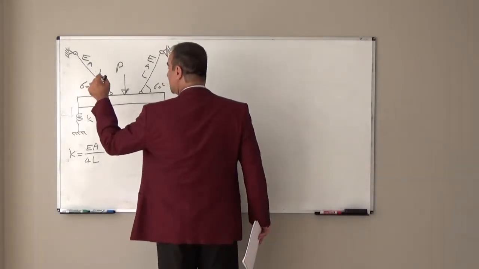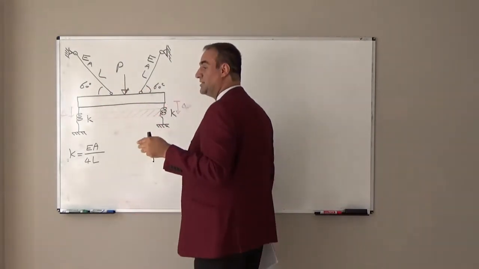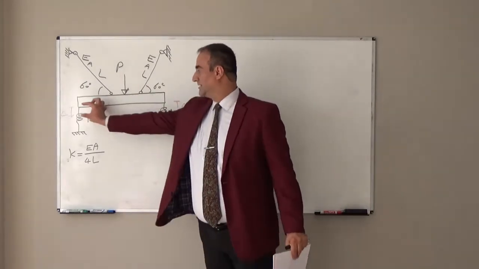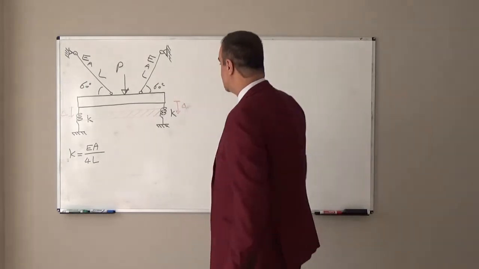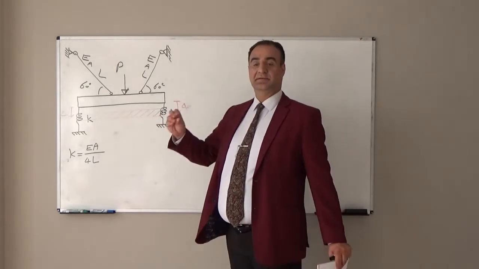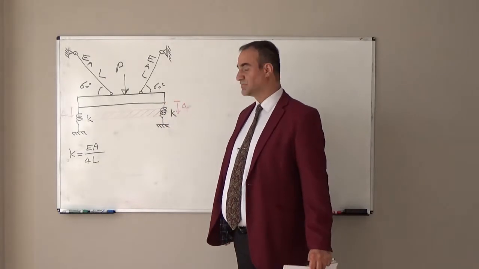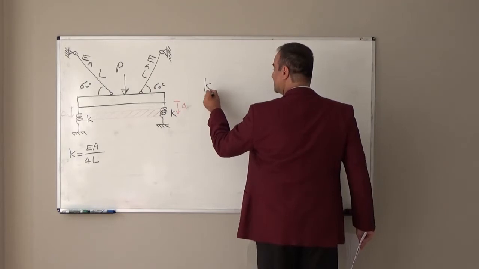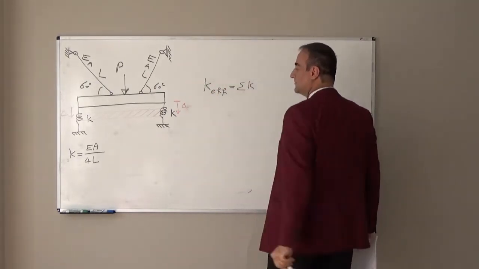Again, we will have elongation in this bar and in this bar. And the elongation magnitude in the vertical direction will be equal to delta and delta in the vertical direction, not in the rod direction. So this is the meaning of attaching these as parallel springs. The combination is in parallel. So the effective stiffness is the summation of the stiffness of these members.